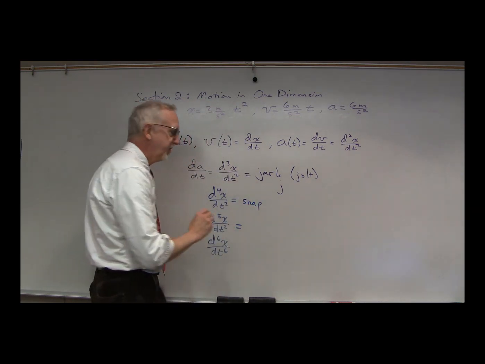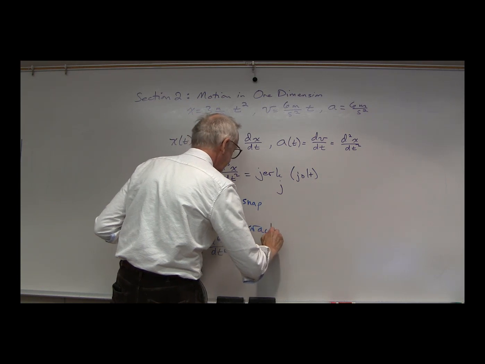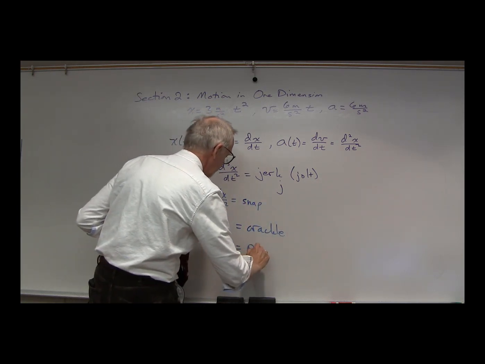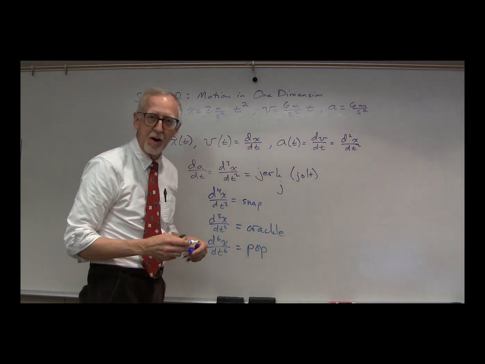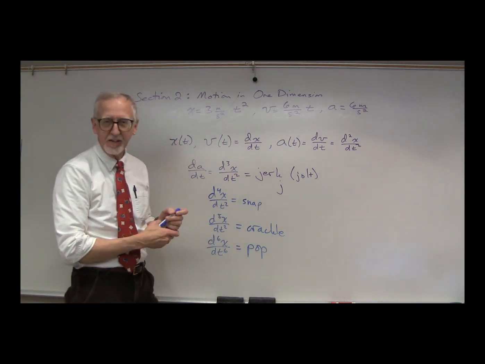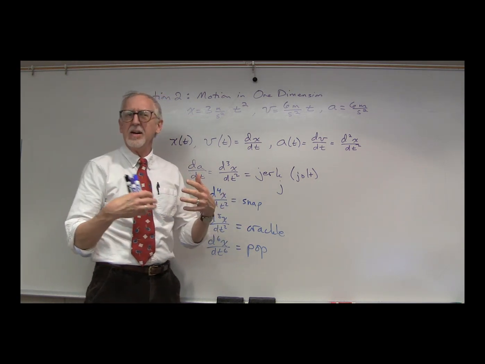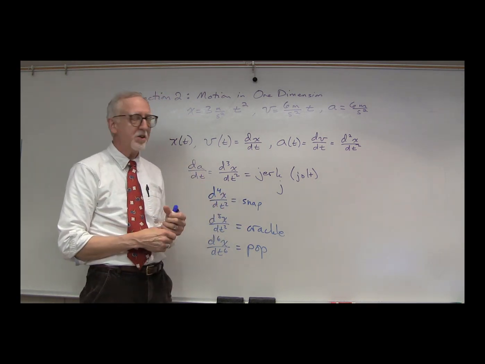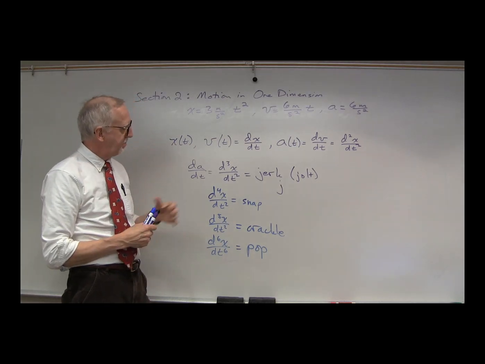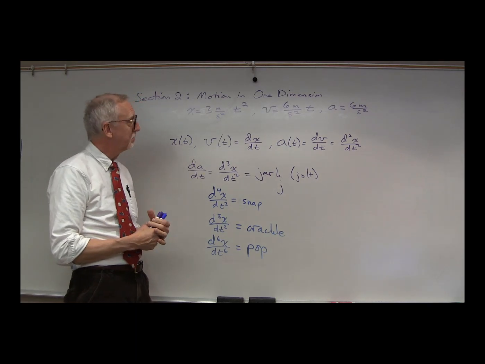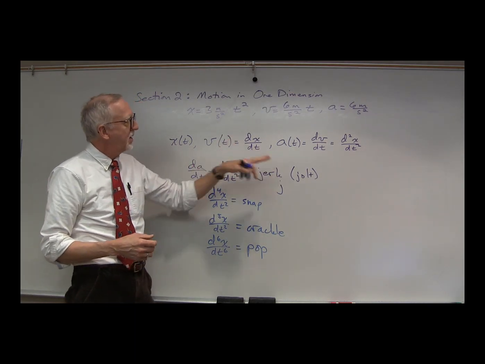The fifth derivative is crackle. And the sixth derivative is pop. Snap, crackle, and pop. Perhaps you've heard of those somewhere else. Okay, but like I said, those are not uniformly accepted in the scientific literature, but they are certainly physical quantities that you could calculate if you wanted to. All right, very good.